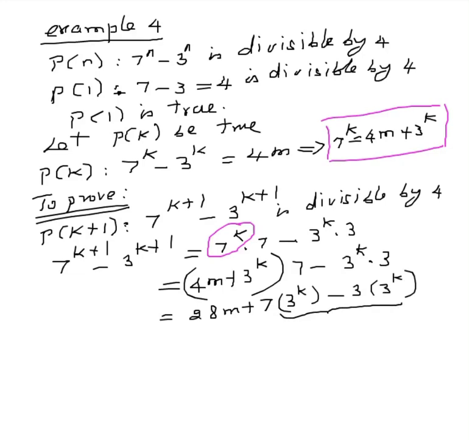These two are like terms. Simplify. 7 minus 3 is 4, so 4 times 3 power k. Now 4 is a common factor, and this is divisible by 4.